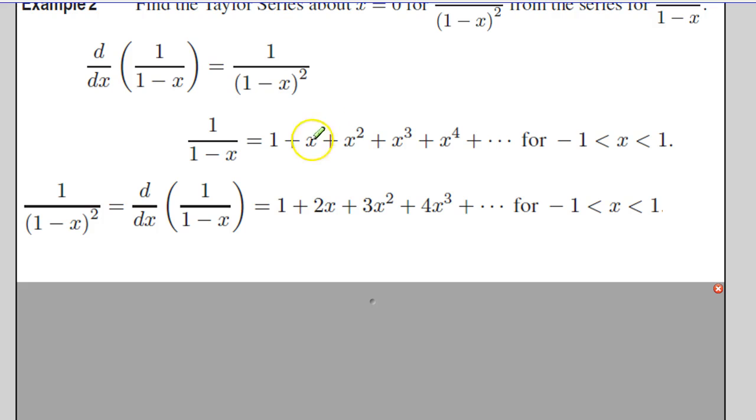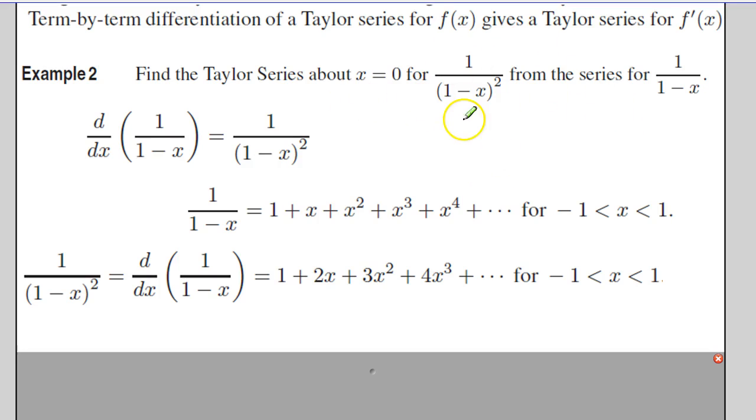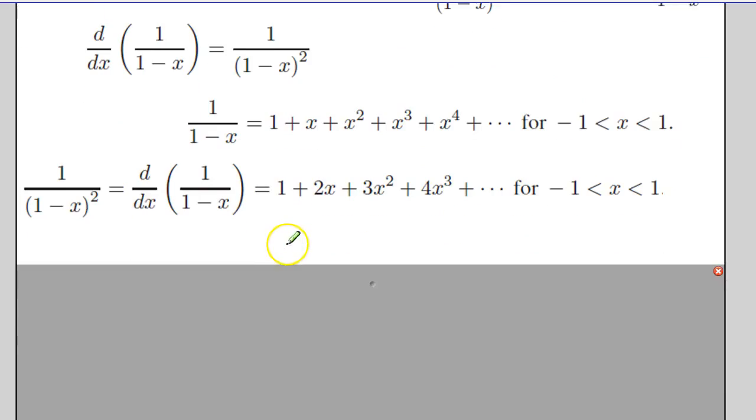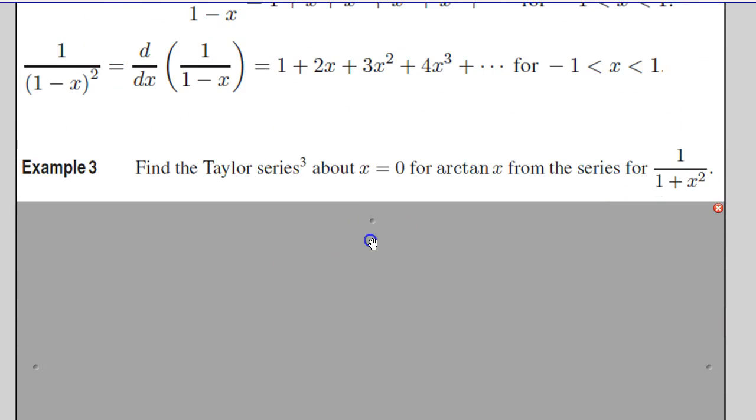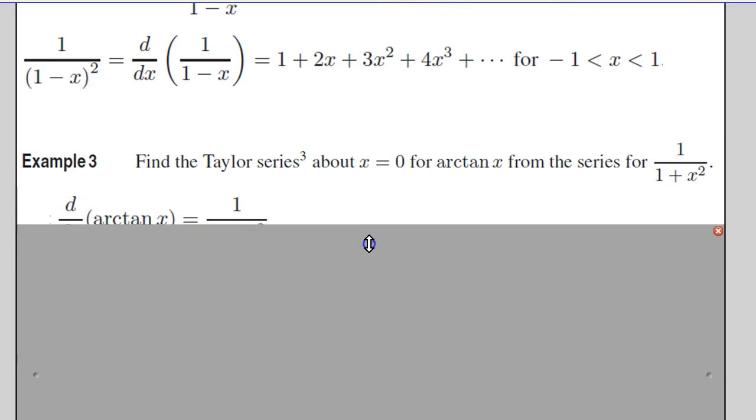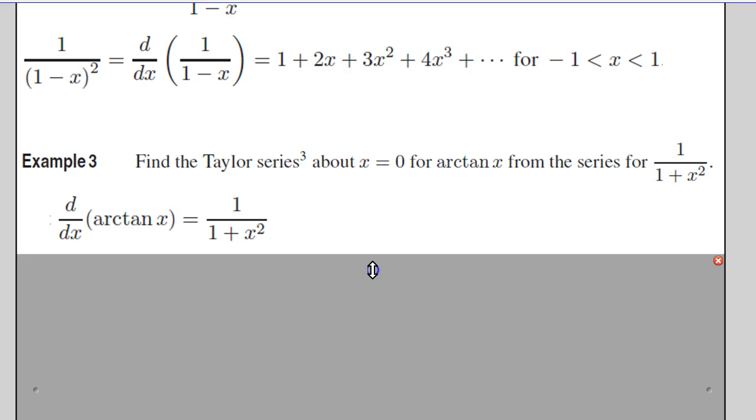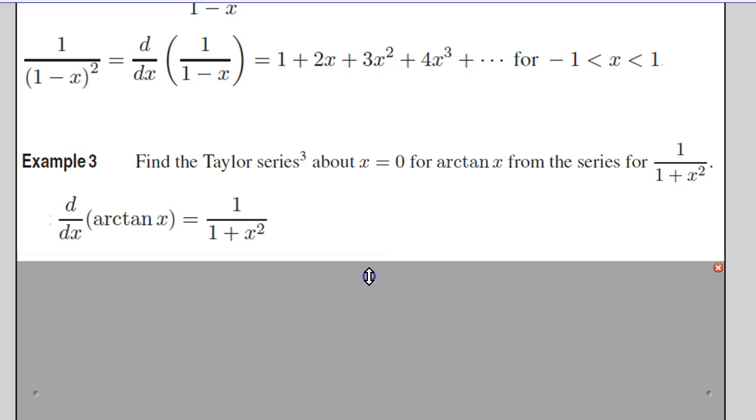Okay, so the trick is you have to recognize whether or not the derivative of the function you're looking at is something we already know. Same sense for the integration of a function. Let's try 1 over 1 plus x squared. You may or may not know this, but the antiderivative of 1 over 1 plus x squared is arctan.